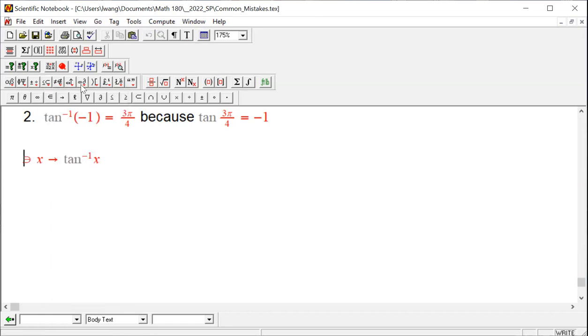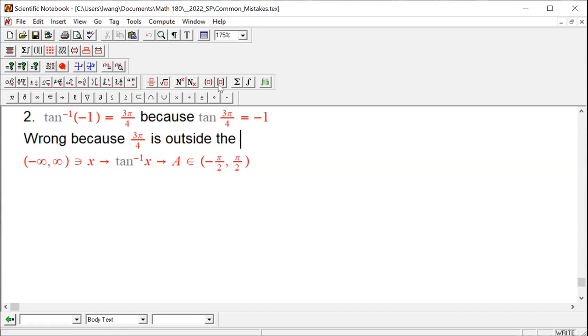It produces an angle, but the angle produced is in a range, and that range is negative pi over 2 to pi over 2. 3 pi over 4 is outside the range of arctangent, so this is wrong. That is the argument.